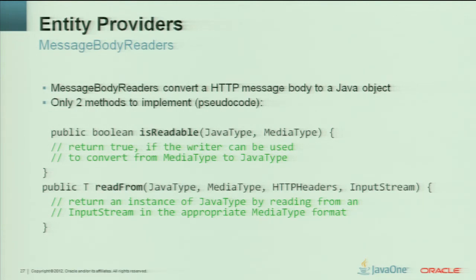So you would return true if the reader can be used to convert from a media type to the Java type. And then the framework itself calls readFrom. So all this is hidden from the actual application. We are currently under the hood, creating custom and extended providers and extending the interface.